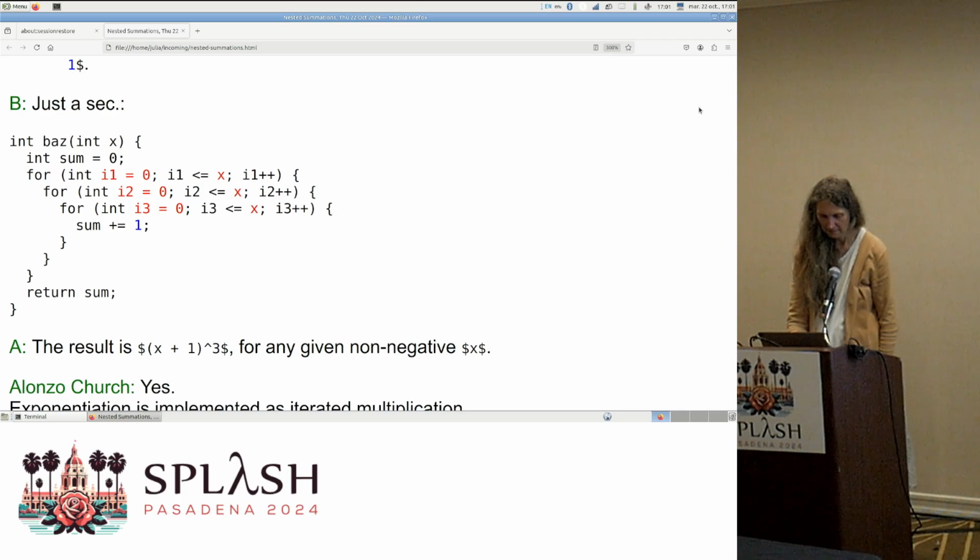Int baz, int x, int sum equals 0, for int i1 equals 0, i1 less than or equal to x, i1 plus plus, and the second for loop int i2 equals 0, i2 less than or equal to x, i2 plus plus, and for the third loop int i3 equals 0, i3 less than or equal to x, i3 plus plus, and the sum plus equal to 1, return sum.